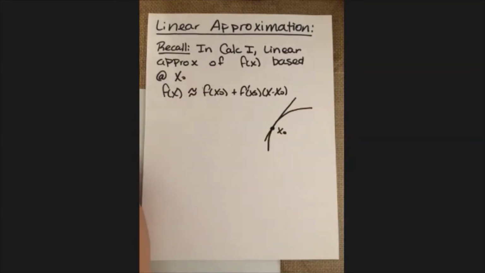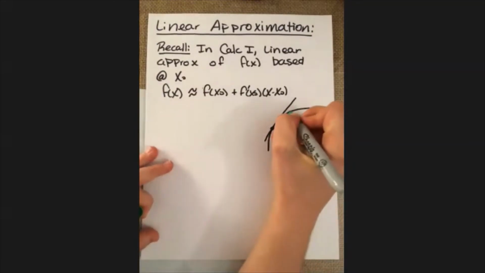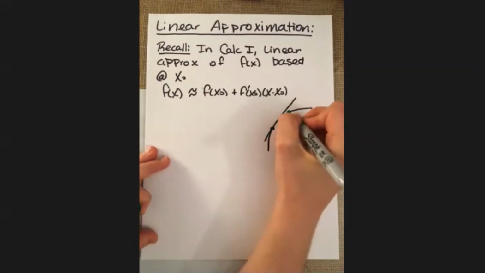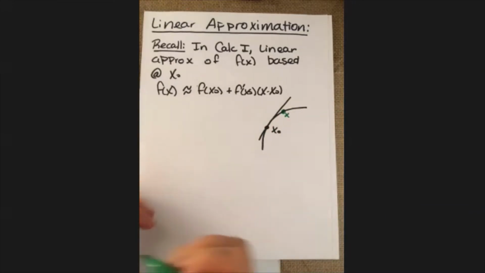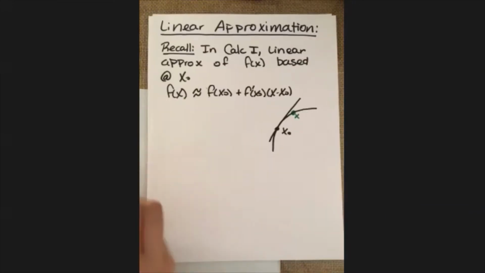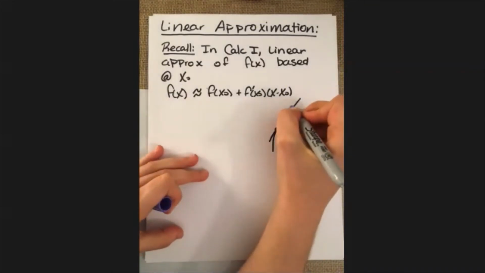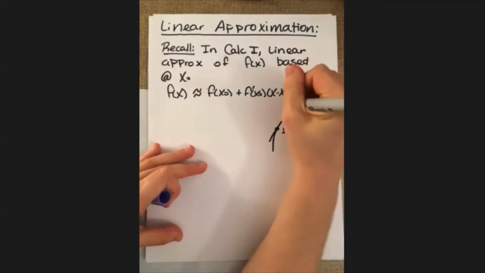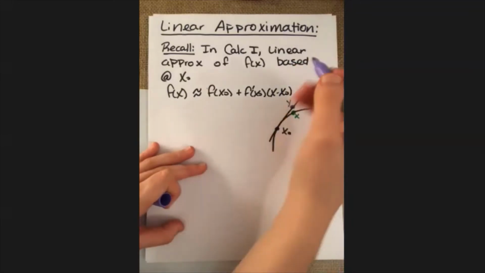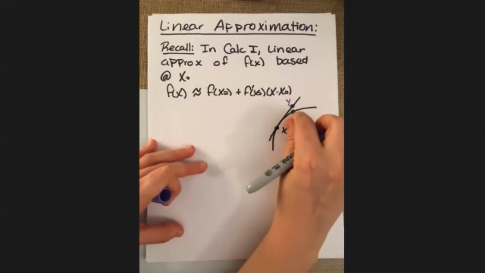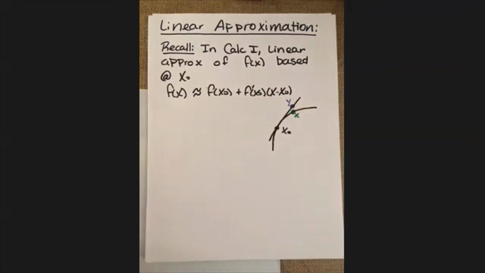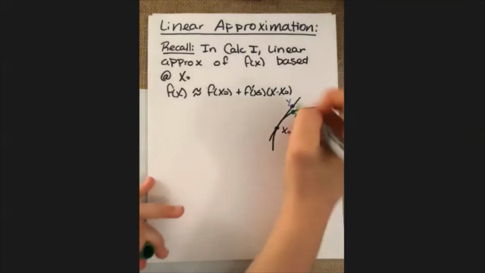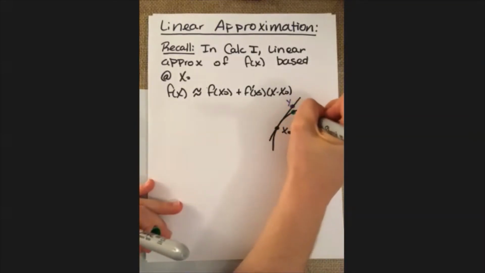And what we're really curious about is maybe the value of f at this point right here, x. Well, what we note is that this point up here on the tangent line, we can call it y if we want to, is pretty close to what we're actually looking for, right? So this is f of x.